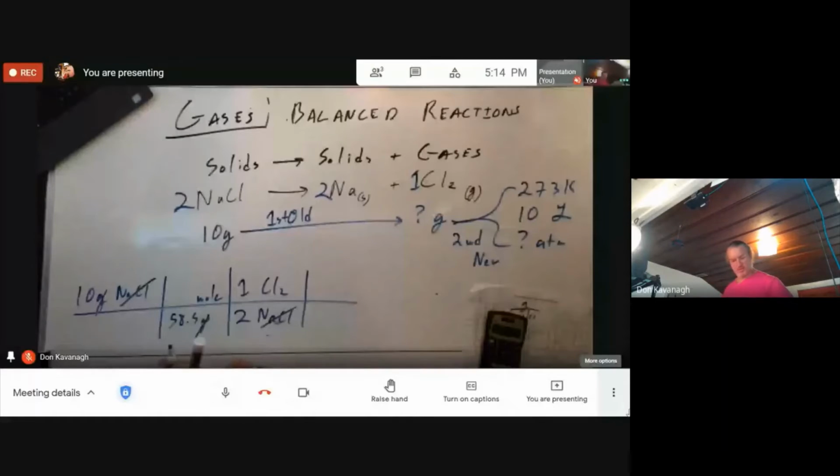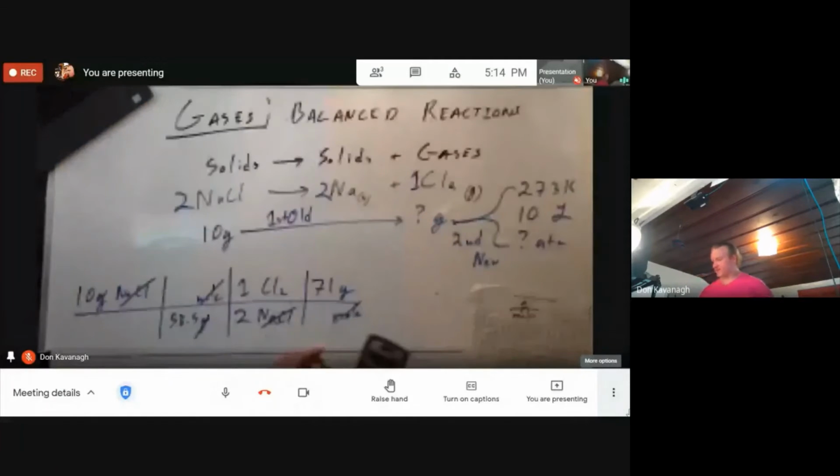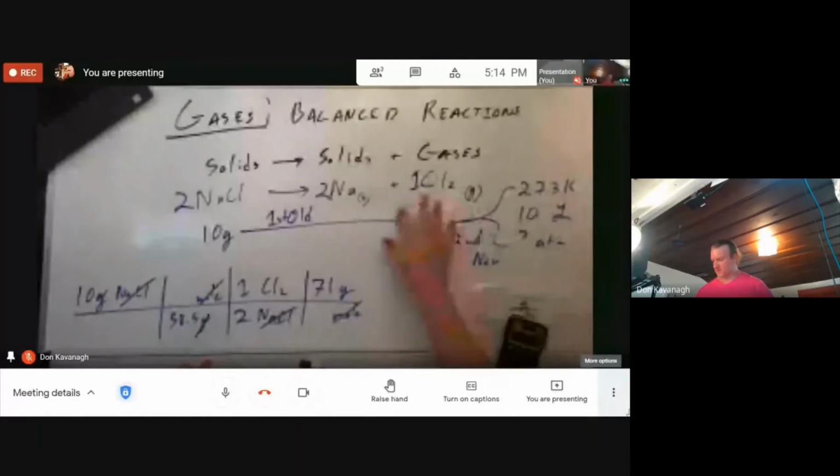Now that would solve us for the grams of Cl2 that could be produced. I'm getting 6.07 grams of Cl2 that could be produced.